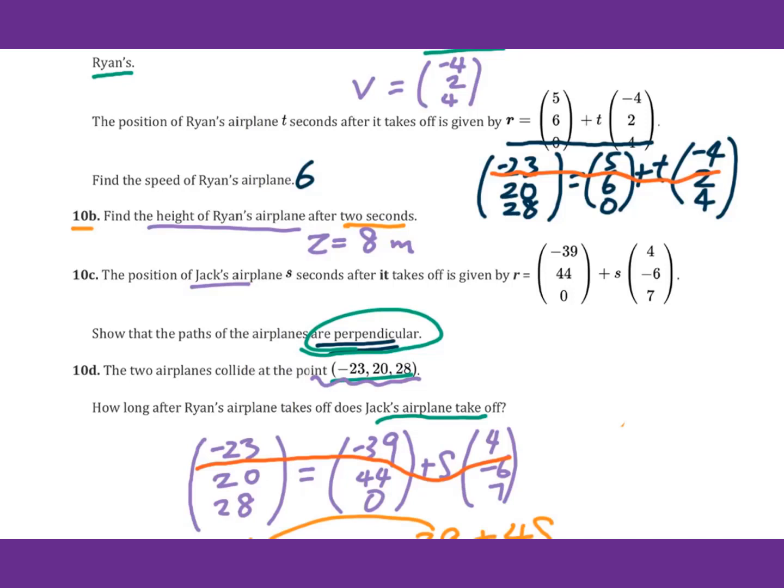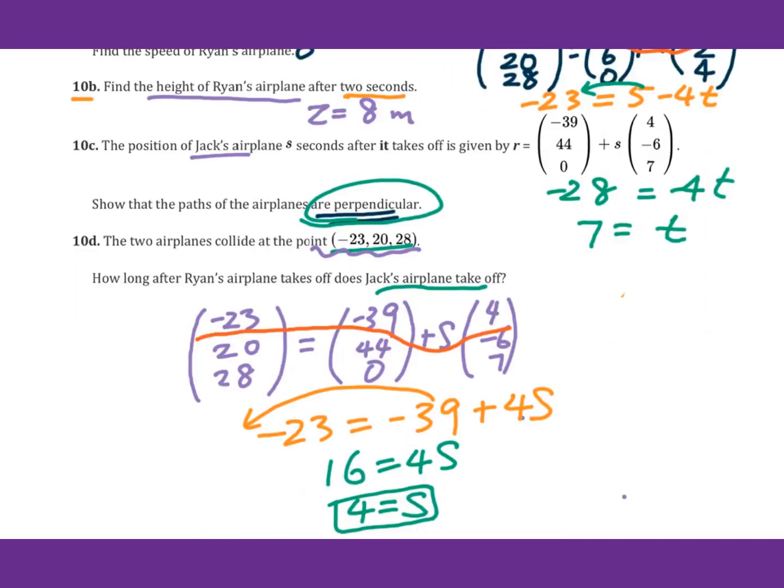You will get negative 23 equals 5 minus 4t. After you solve, say you subtract 5 from both sides, you get negative 28 equals negative 4t. So t equals 7. We know t equals 7 and s equals 4. Therefore, how long? It will be 3 seconds.